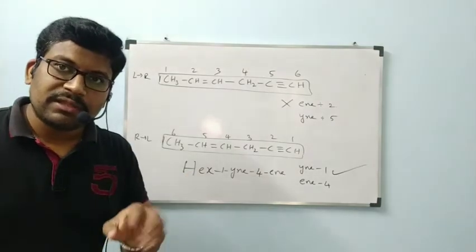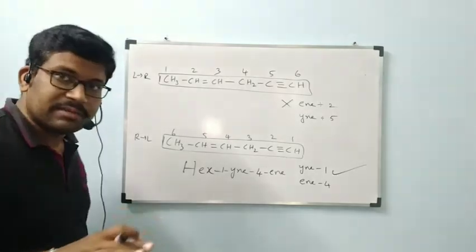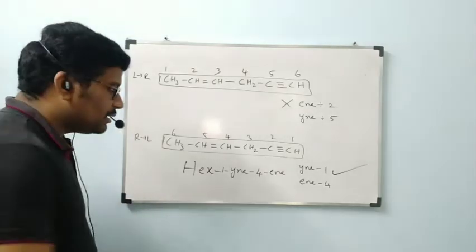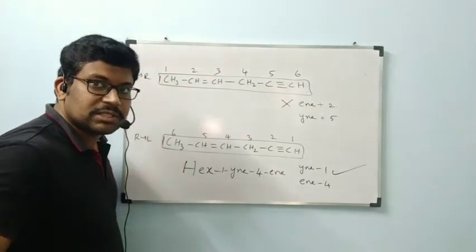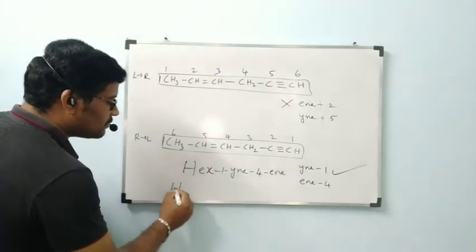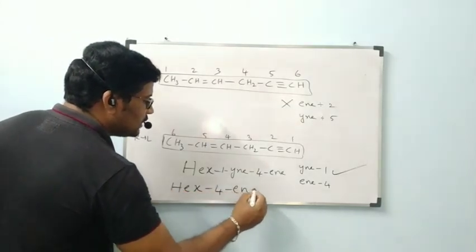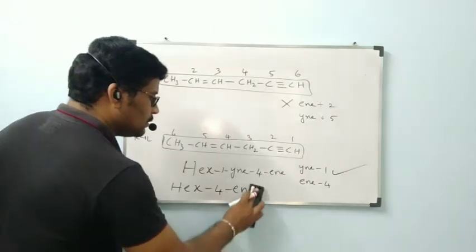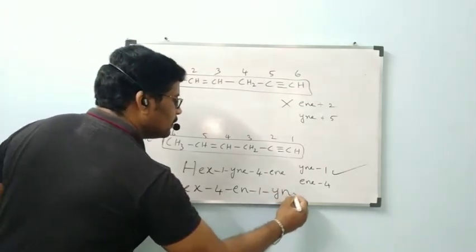But without changing numbering, we have to follow alphabetical order. Alphabetical order means not that one. Here, E first I am writing, I later. I am not changing the positions. Now the name of this compound will become hex 4 en 1 yne.